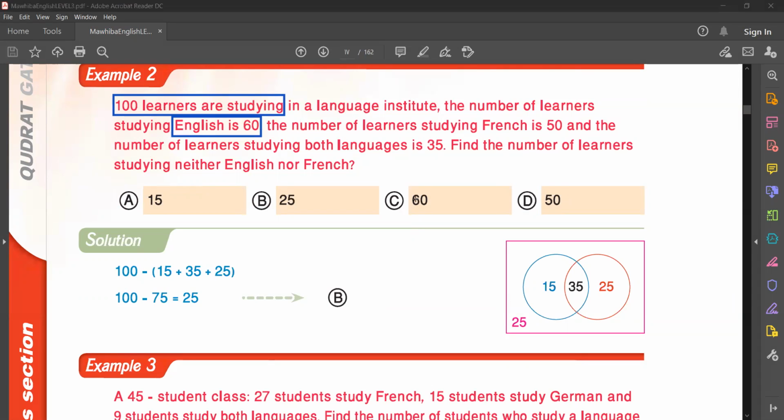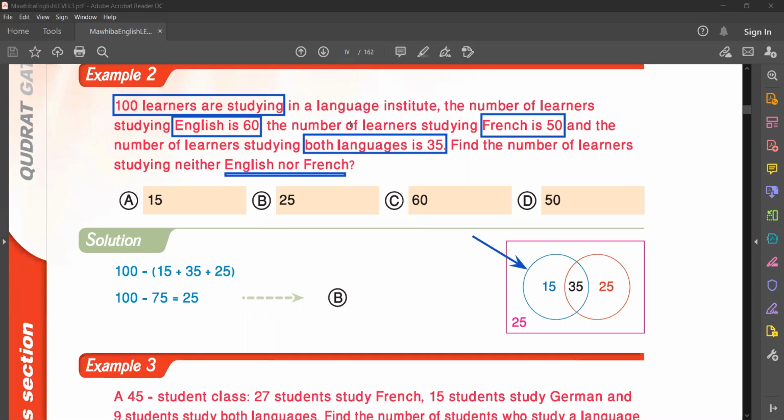Then we draw this one for English, and another one for the number of learners studying French, and the number of learners studying both languages is 35. Find the number of learners studying neither English nor French. Look, so we draw one for English and one for French.